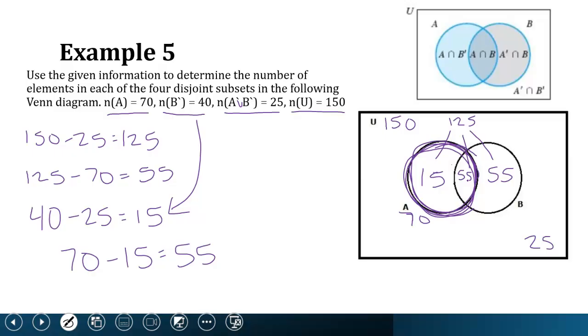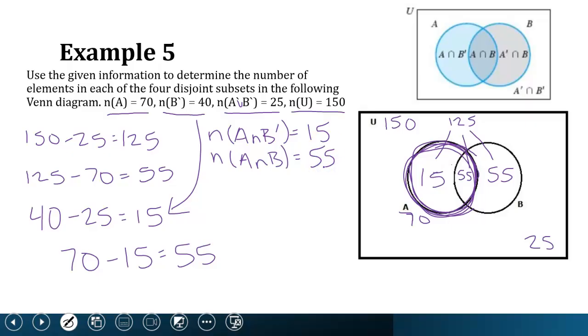All right, so let's do our answers. A number that is included in A but not in B equals 15. So a number that is in A and B is 55.